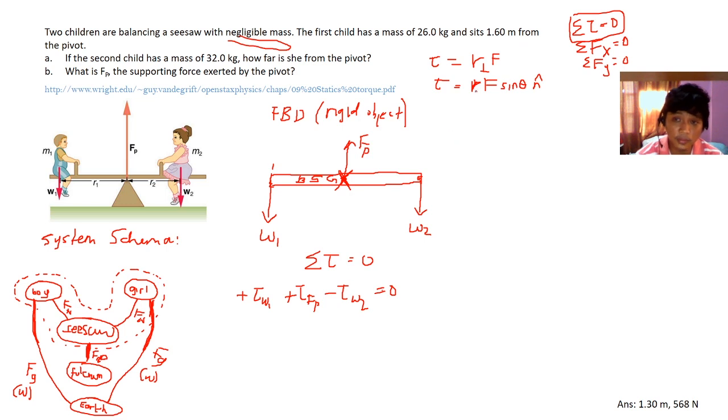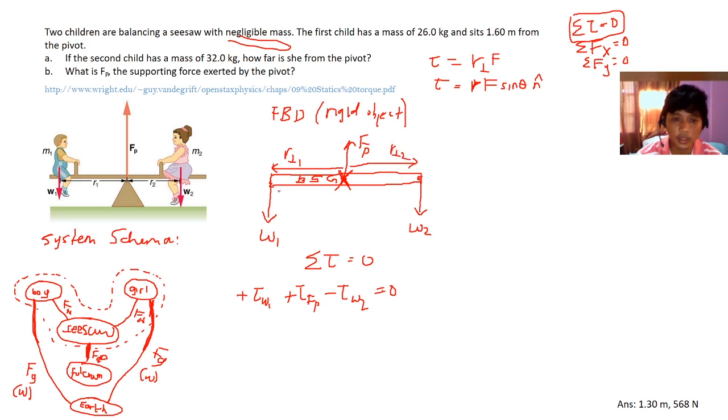Okay, so now what formula should we use? Actually, we can use any of the two. We can even use that matrix, but I think it's overkill. So let me just use this moment arm formula because we know that this one is R moment arm 1, and this one is R moment arm 2.